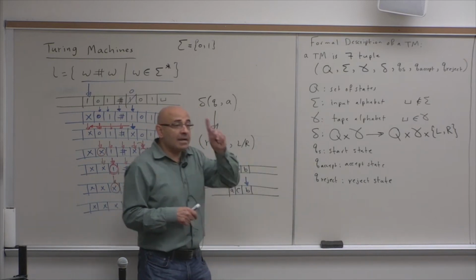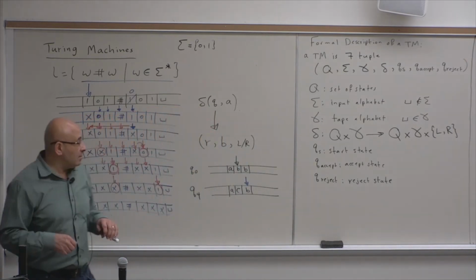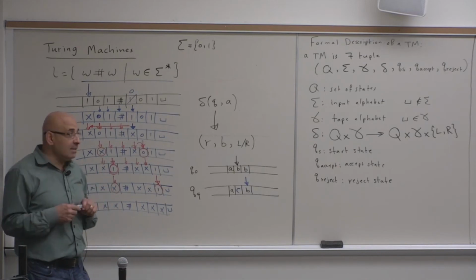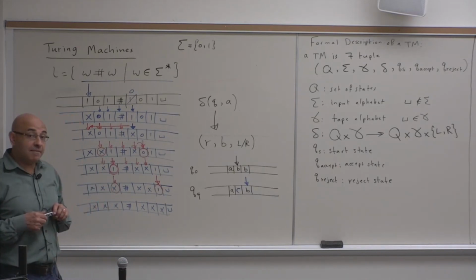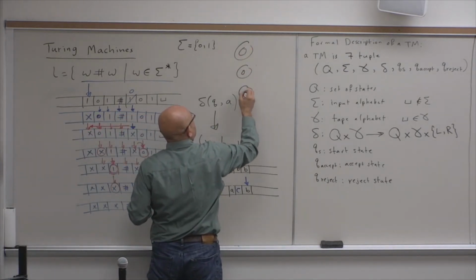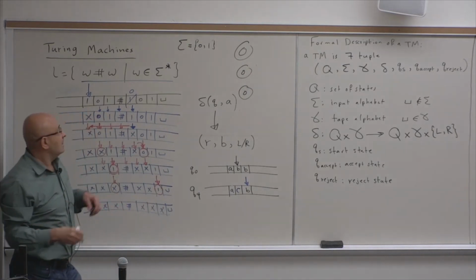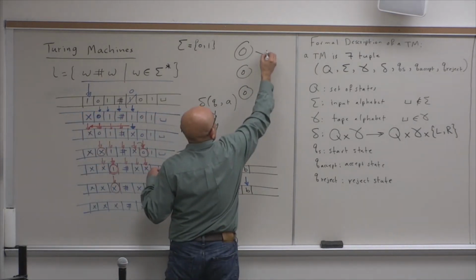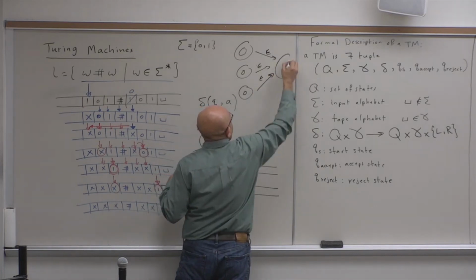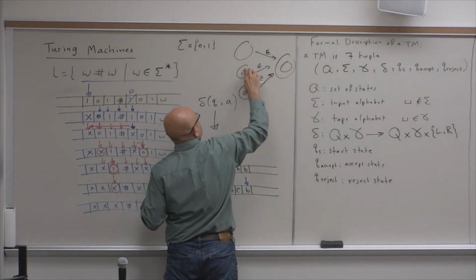Now, by having one accept state, we do not lose generality, because as we have seen in NFAs, even if you have multiple accept states, you can always use epsilon transitions to unify them into one accept state, and then the others are no longer accept states.